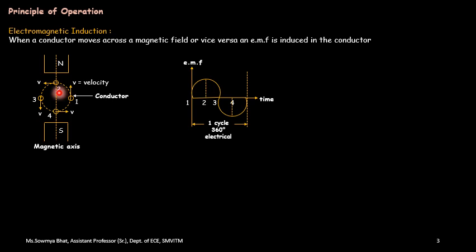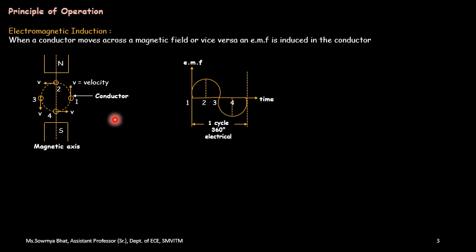I have considered distinct positions based upon which I will explain why it is called an alternating type. It is placed in a magnetic field obtained by magnets having a north pole as well as a south pole. Whenever the conductor moves across a magnetic field or the magnetic field moves across a conductor, there will be an EMF induced.